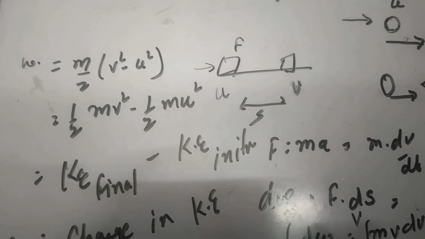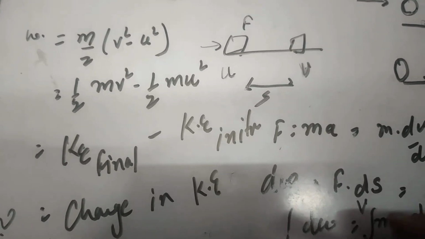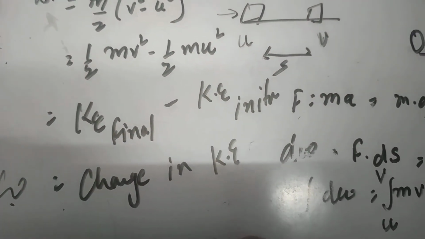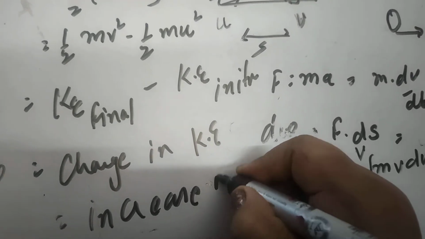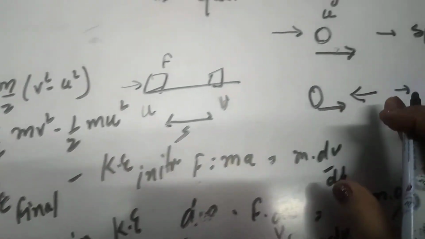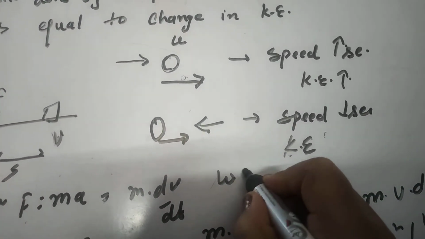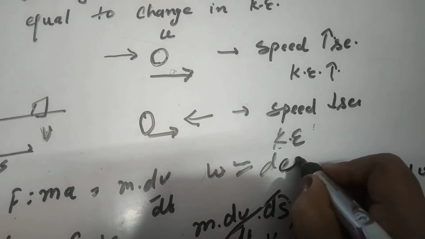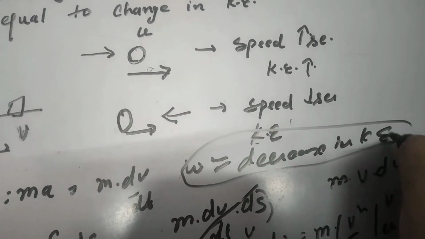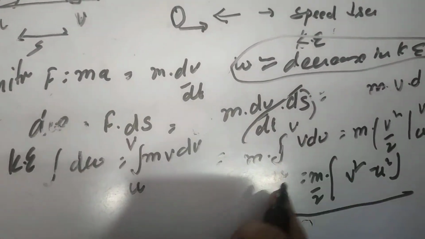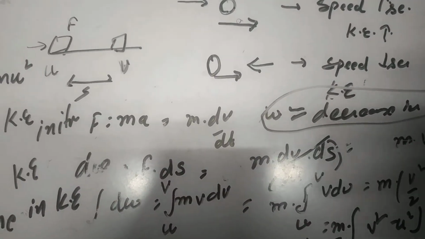Similarly, if the speed is decreasing, then the work done is in the form of decrease in kinetic energy. We can also prove it by following exactly the same steps, integrating from v to u. Okay, so this is the work energy theorem.